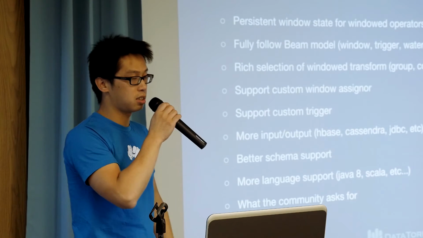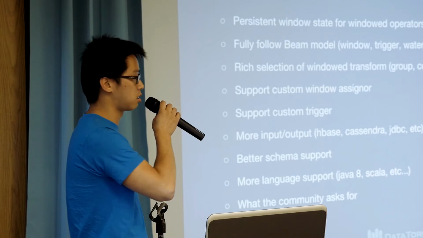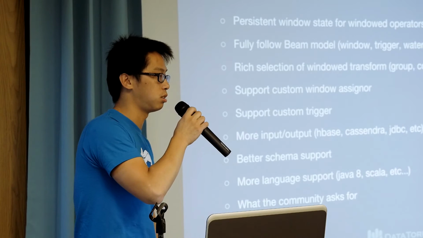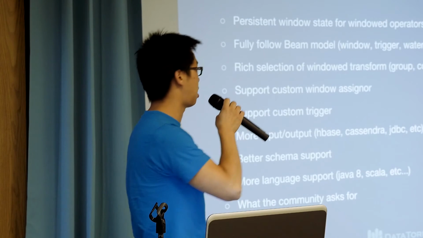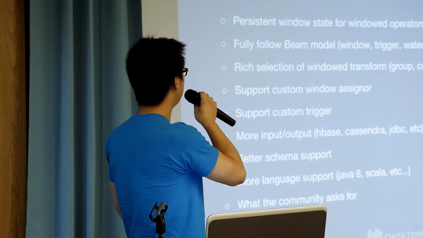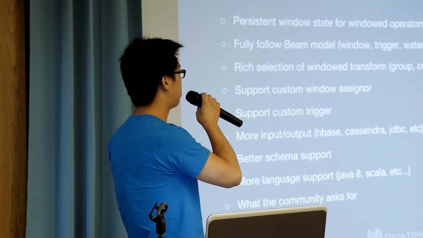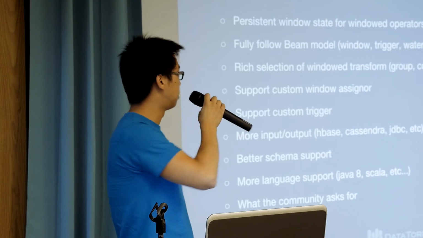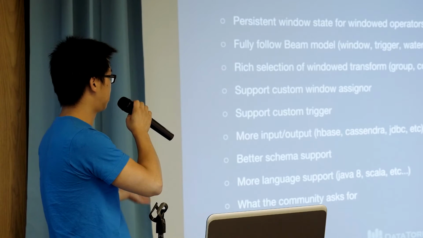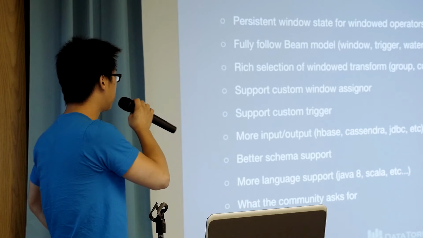Because we already have some aggregation operators in existing work, we have already done some work to persist the large state, so it's almost there. In the future, we will fully follow the Beam model, and we will give a rich selection of different kinds of window transforms, like group, combine, join.